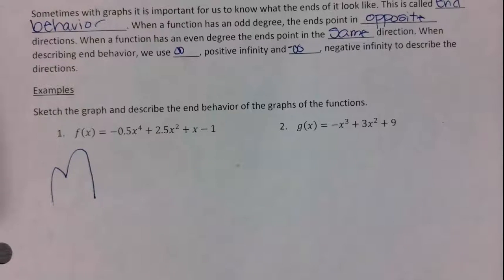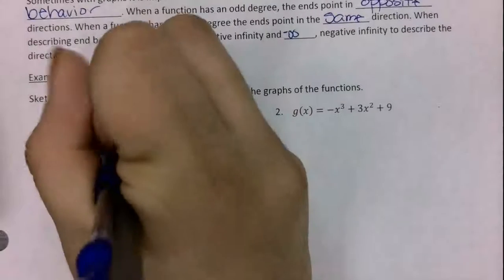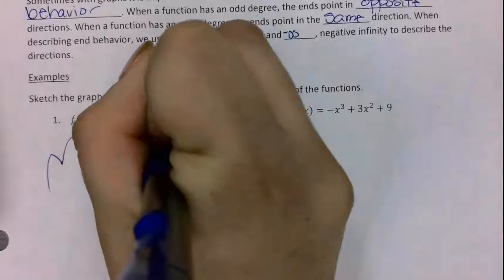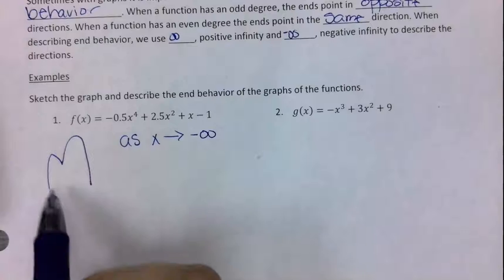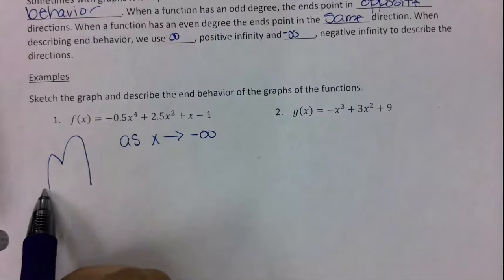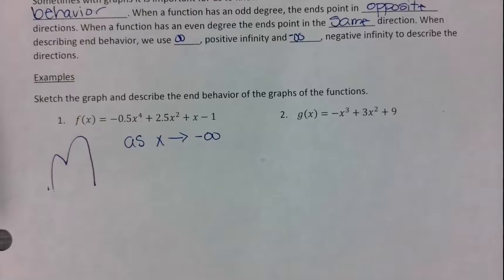So what I want to do is, how is it looking on the left side? What's it doing? It's down. So I'm going to say, as x go. I'm looking at this point right here. So what's it doing? It's going down.